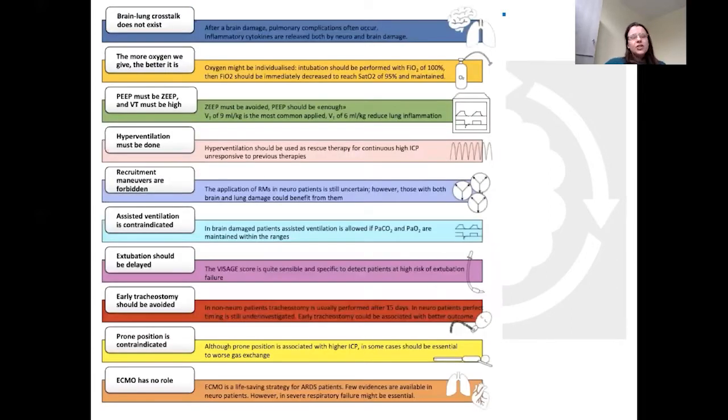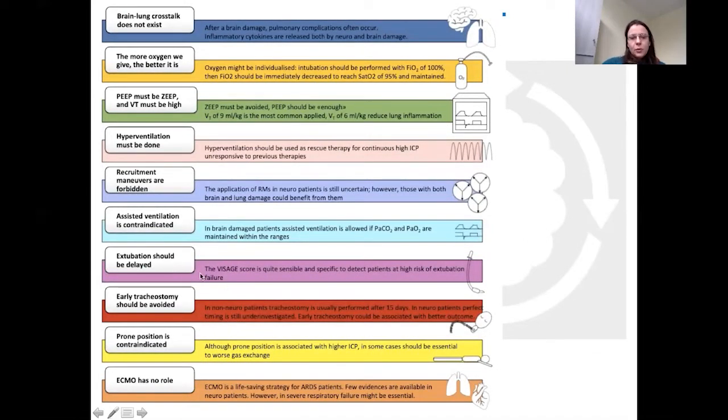So traditionally, brain-injured patients have been considered a different group of patients in terms of principles of mechanical ventilation. And there have been a number of false beliefs, I like to call them, because now we are trying to reason more deeply on this. These patients were ventilated with ZEEP, so with no PEEP. They were ventilated with very high tidal volume, like 10 milliliters per kilo of predicted body weight.